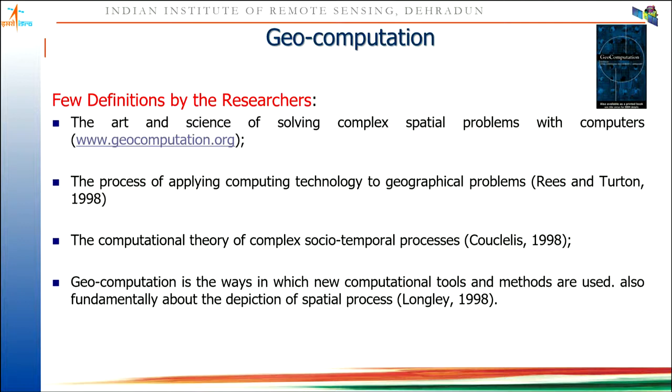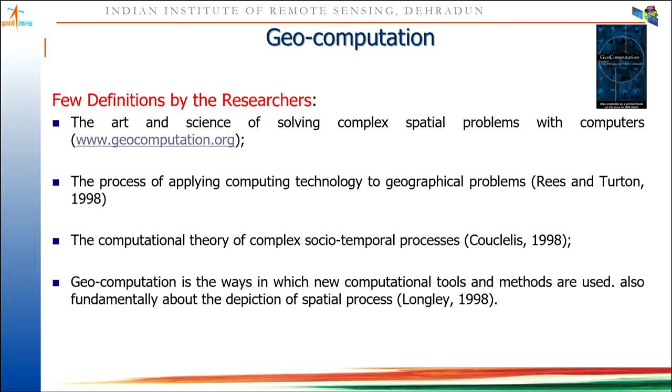And the next definition says that it is the computational theory of complex socio-temporal processes. It's very interesting, socio-temporal processes. That means in this geocomputation domain, the data you handle is basically time series or temporal data.